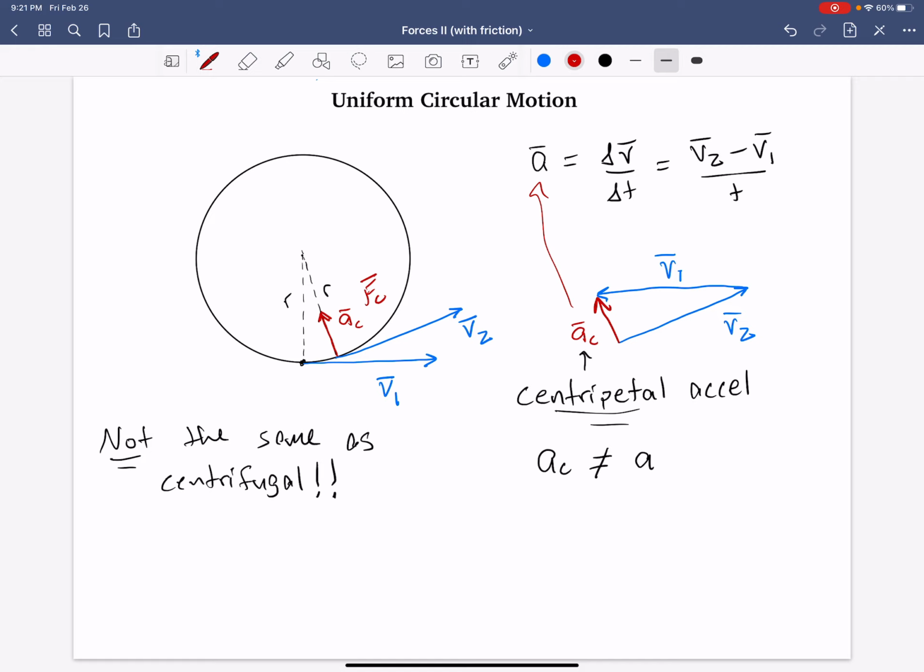Okay? So now, in your book, the centripetal force has an expression of mass times centripetal acceleration.